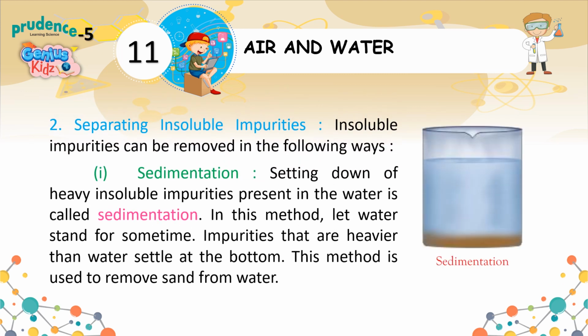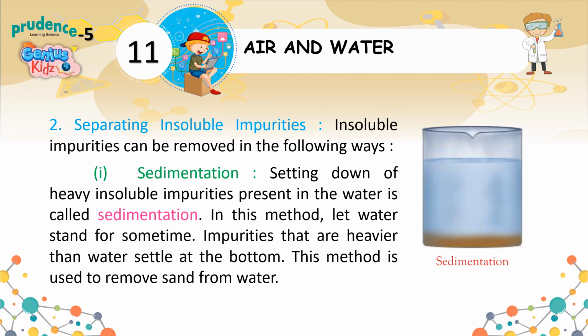2. Separating insoluble impurities. Insoluble impurities can be removed in the following ways. I. Sedimentation. Settling down of heavy insoluble impurities present in the water is called sedimentation. In this method, let water stand for some time. Impurities that are heavier than water settle at the bottom.